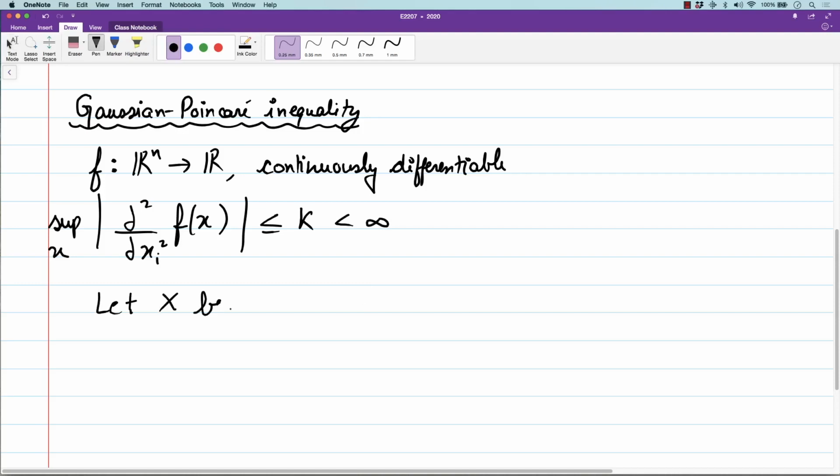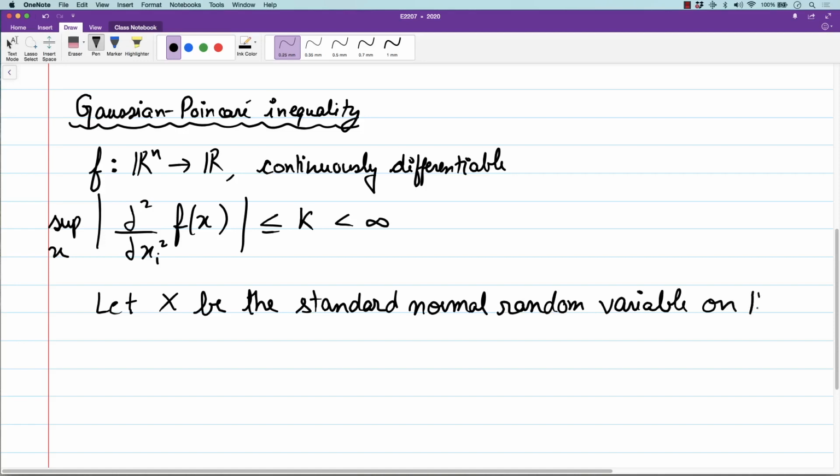Let x be the standard normal random variable on Rn. This is just the Gaussian random variable with mean 0 and variance 1 along all directions.